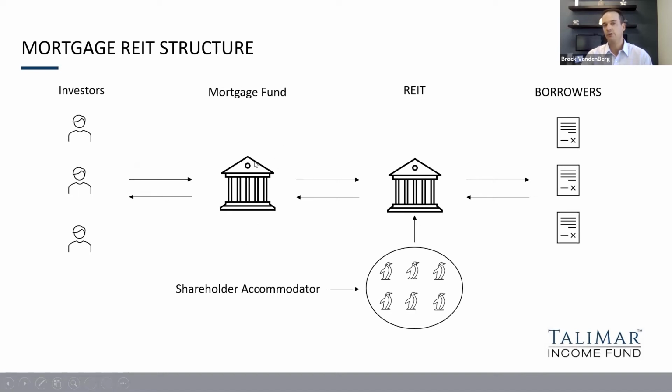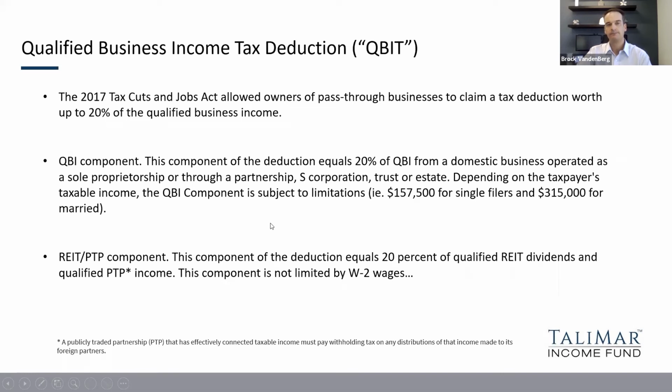So if that mortgage fund were to invest in trust deeds or in mortgages at this level, even if it had the REIT, that income generated at this level would not qualify for that 20% deduction if you had income greater than the income that we talked about earlier. So it's all the income that's generated at that REIT level. So that is one huge advantage of investing in a mortgage fund that is structured as a REIT.